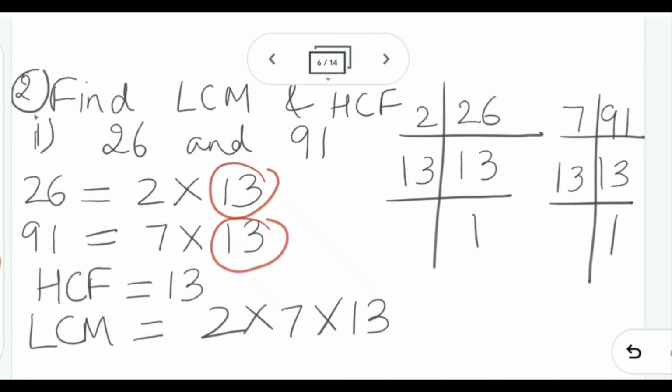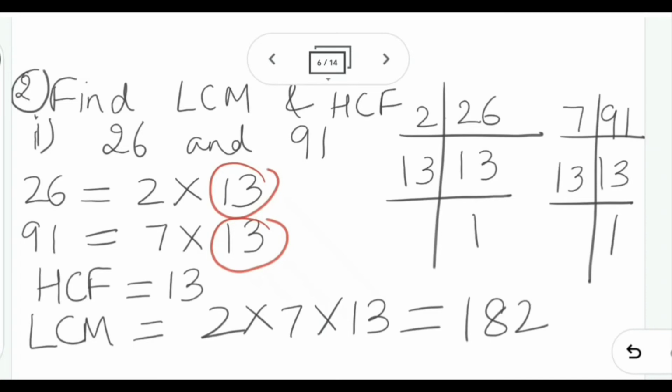Wherever we have common factors, we will write them only once. We can see that 2 appears one time, 7 appears one time, and 13 appears once in both, so we write 13 also one time. By multiplying all these, we get the LCM, which is 182.